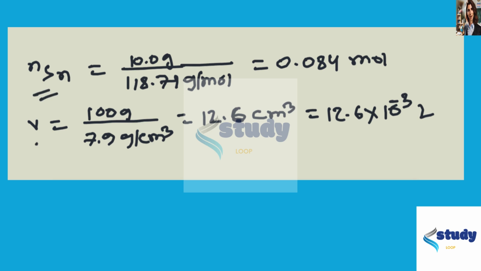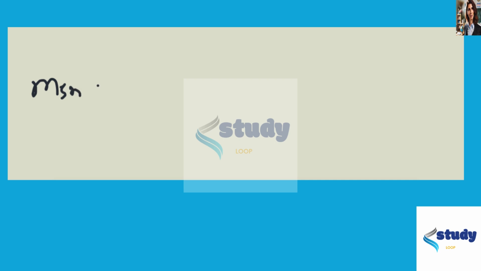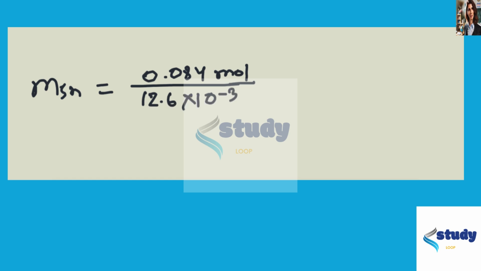So now we know the number of moles and the volume. From here we can easily find the molarity of the stannum, or tin, the solute, which will be equal to the number of moles over volume. The number of moles here is 0.084 mole over the volume, which is 12.6 times 10 to the power minus 3 liter, and this will give us a value of 6.67 mole per liter, or molar.